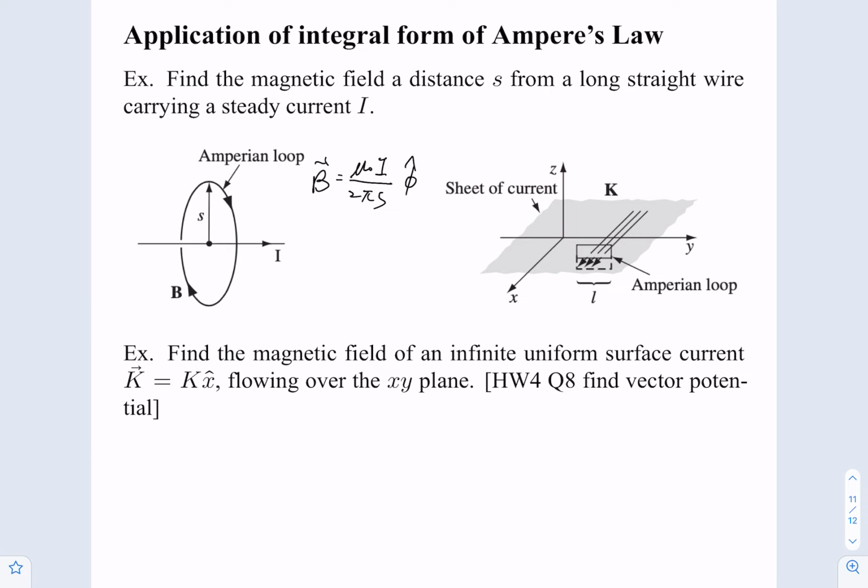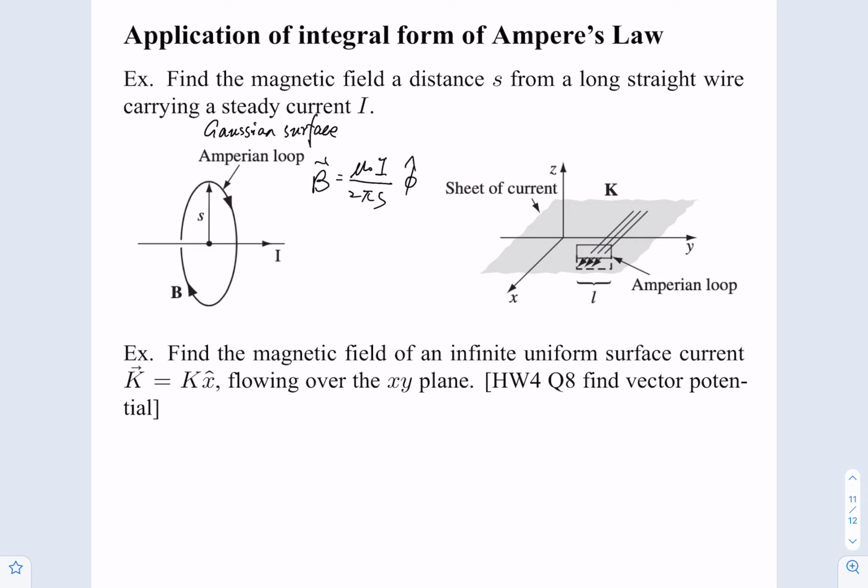Now the Gaussian surface here changes to an Ampere's loop. Along this Ampere's loop, we have the, is that the correct pronunciation? Amperian. I don't know how to pronounce this, but it's an analogy of the Gaussian surface.